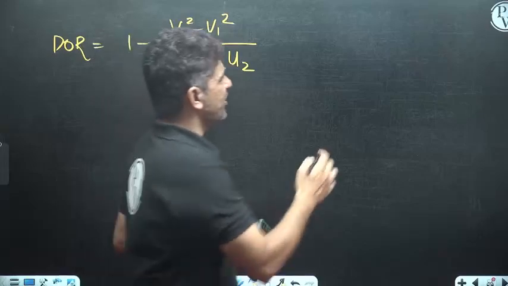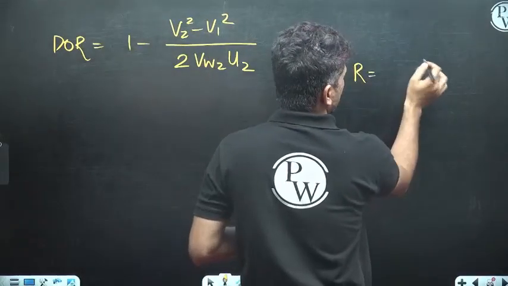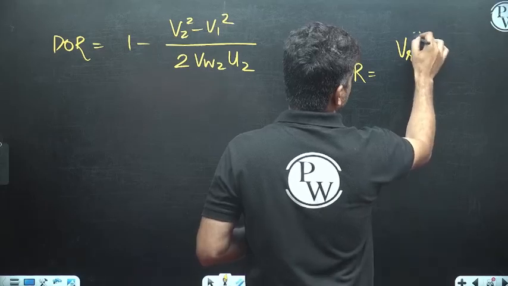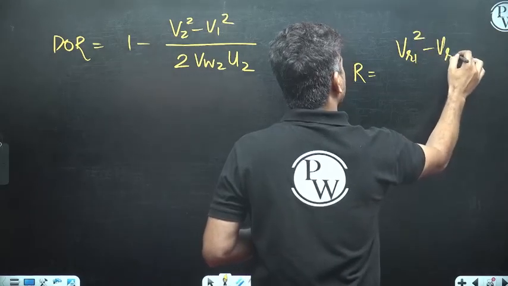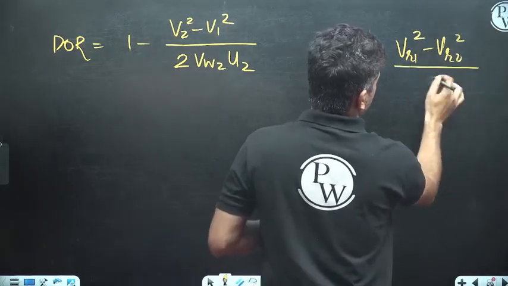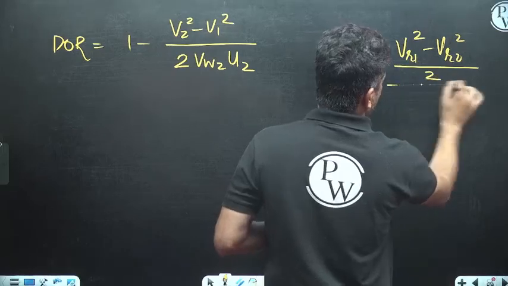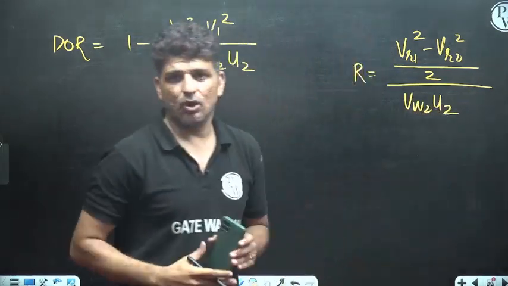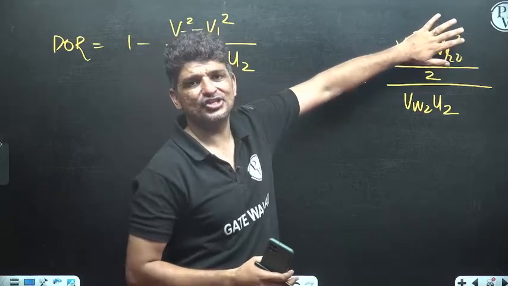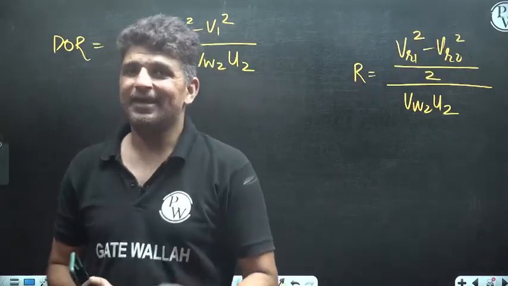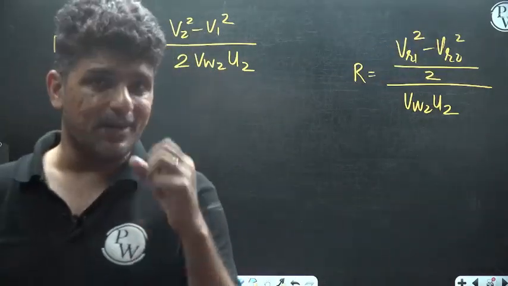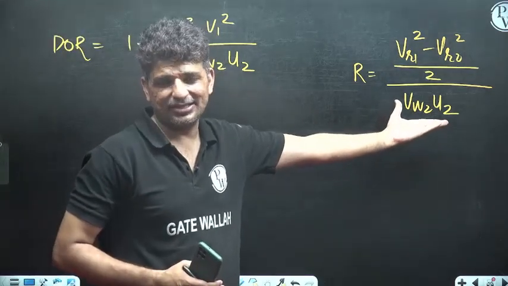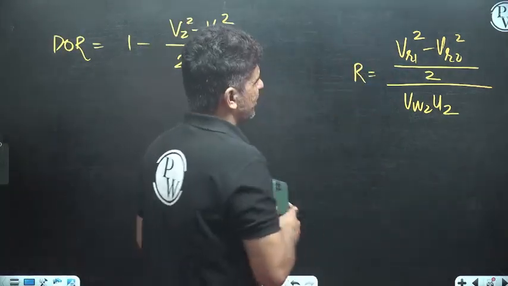So degree of reaction is actually defined as (VR1 square minus VR2 square) divided by 2, divided by VW2 U2. This is basically the energy conversion in your compressor divided by the energy.